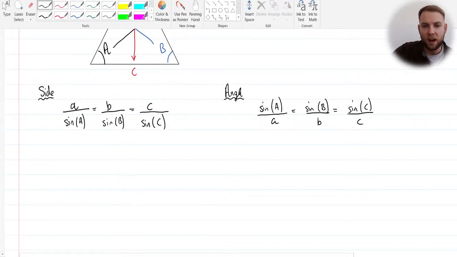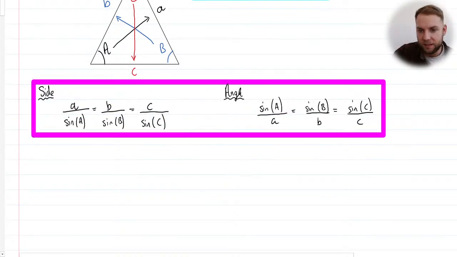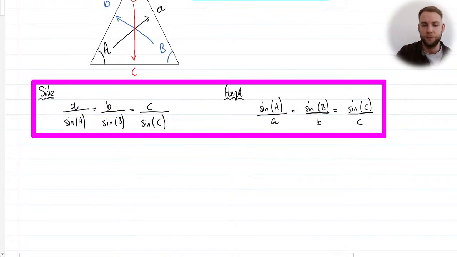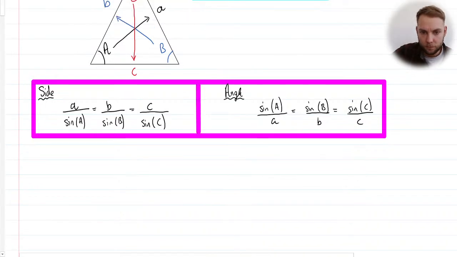So these are the actual sine rules, and you will need to remember these. They don't come up in any formula booklet. You will need to remember both of these if we're doing a non-right angle triangle. There we go. So get both of those down.